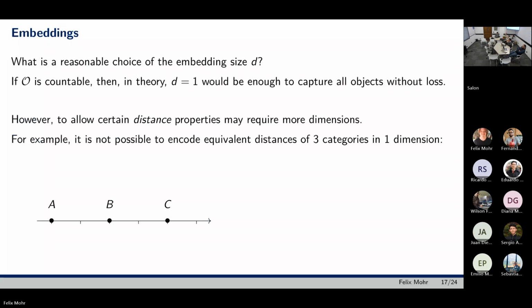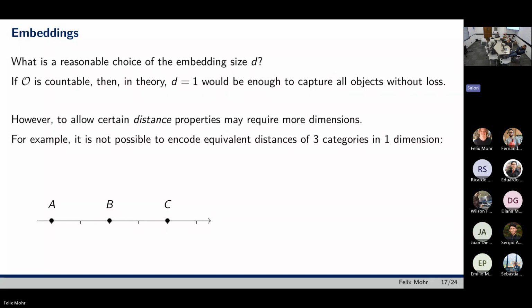The distance between each of them is the same. I want the distance between A and B to be the same as the distance between B and C, and the same as the distance between A and C. Is this the case here? A and C, no. A and C don't have the same distance, and actually it's not possible. If I only have one dimension, I cannot put 3 points onto the line so that they all have the same distance.